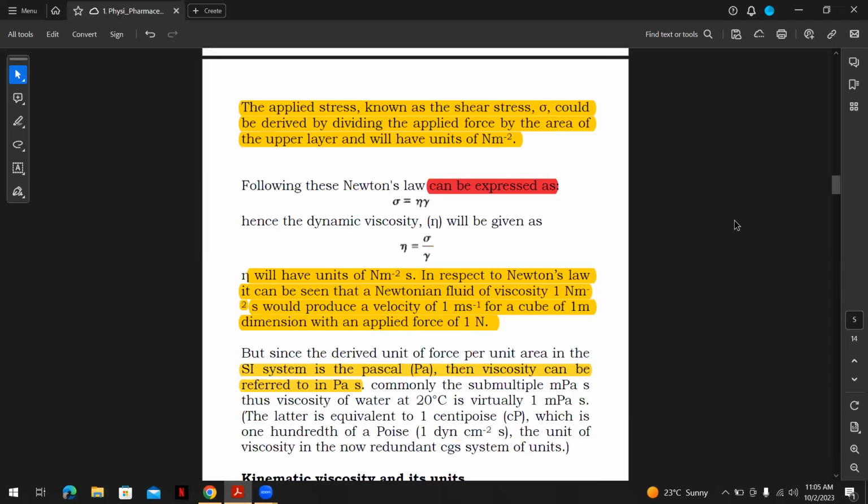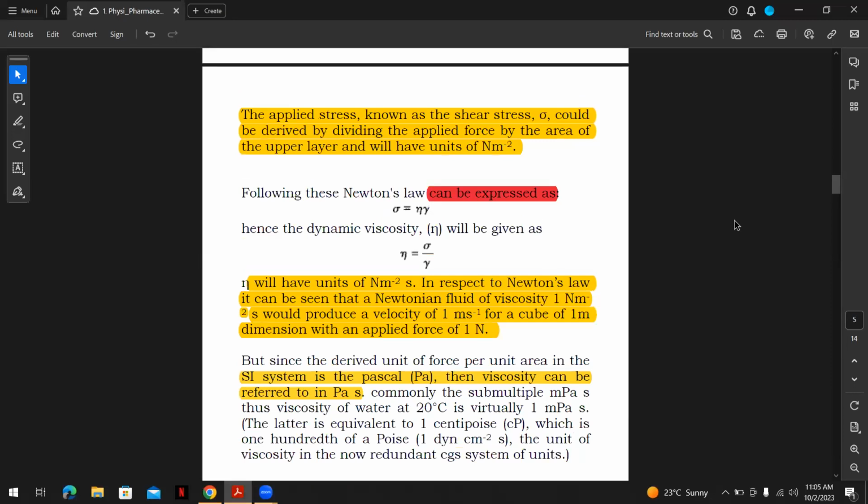So maybe if you had not written these equations, like myself, you can take this time to write this equation. Is this sigma or alpha? This is for shear stress.